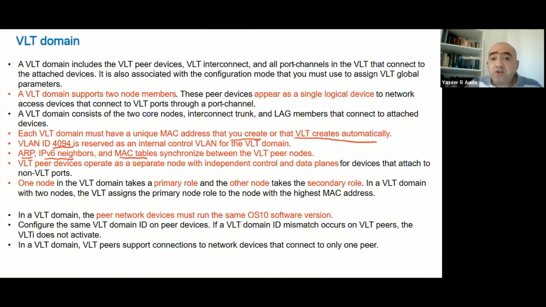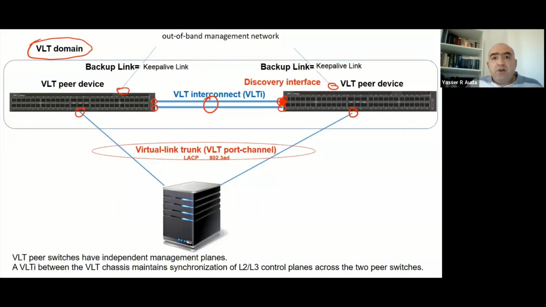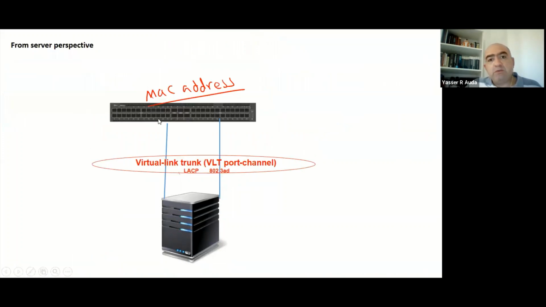VLT peer devices operate as separate nodes with independent control and data planes. Okay, physically both of them have their own data plane and control plane, while this device is dealing with them like one switch.